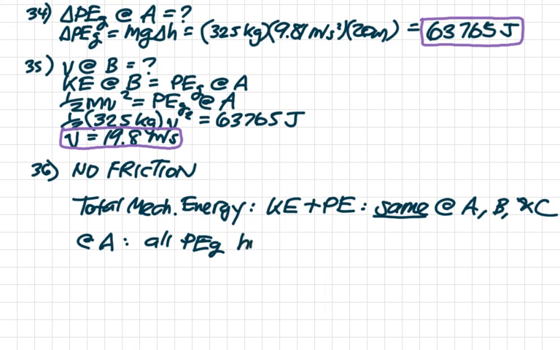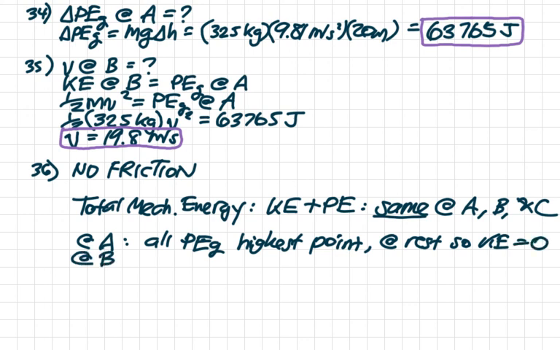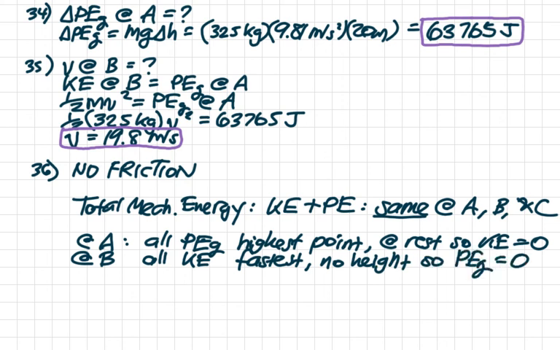Highest point, and there's no speed. So there's no kinetic energy. Then at B, it's all kinetic energy because it's fastest there, and there's no height there, so the gravitational potential energy is 0. And then finally at C, it's both.